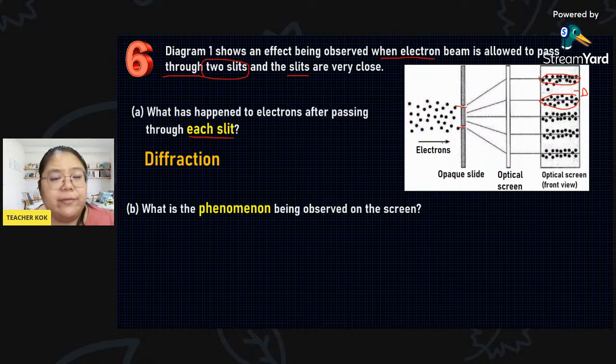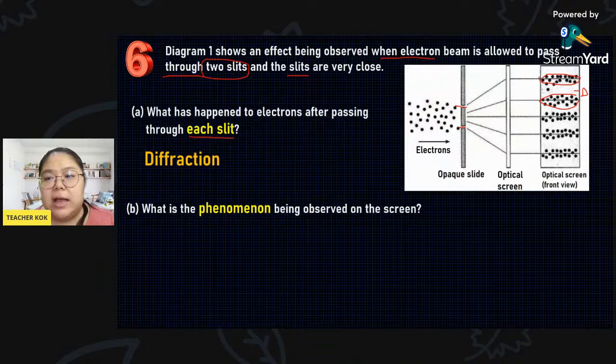What is the phenomenon we observe from the screen? Lina said to Google search, but why Google search? You learned this before; no need to search, you also know the answer. Now you go to B. You see the optical screen.